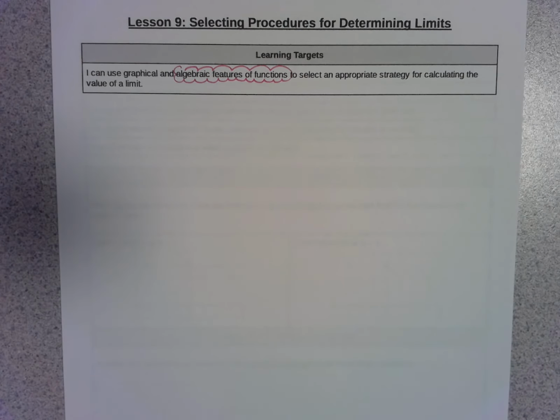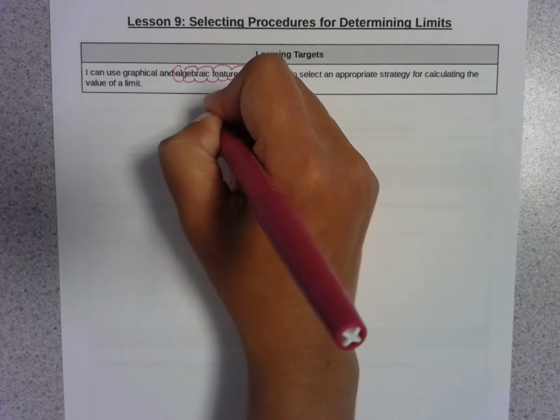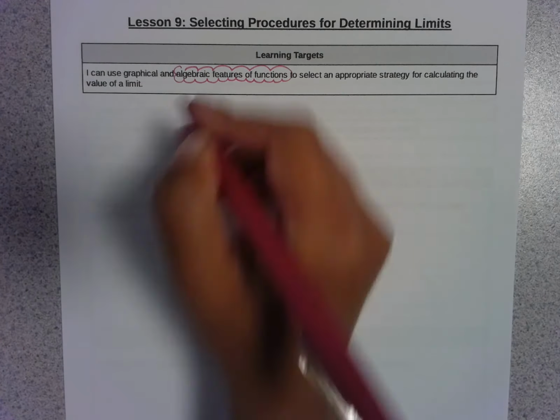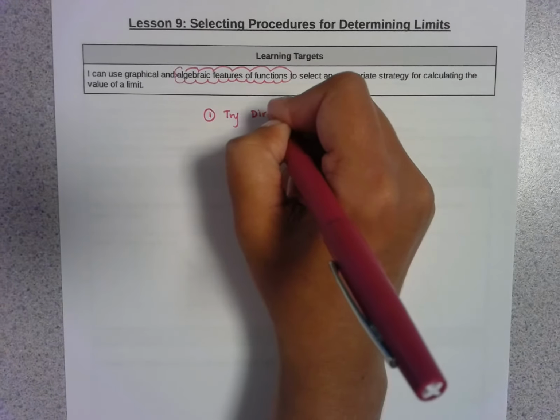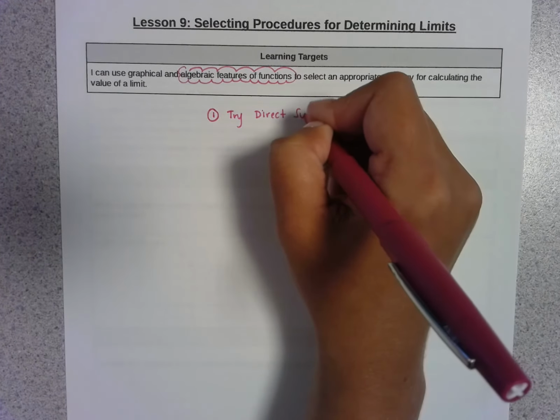So what's the first thing you should do whenever you're asked to evaluate a limit? Well, the first thing you should do is try direct substitution.